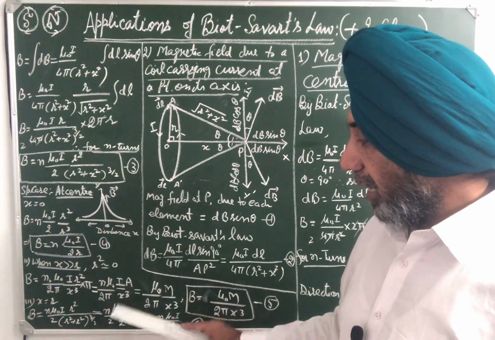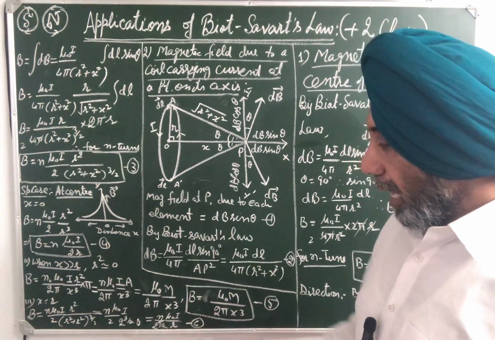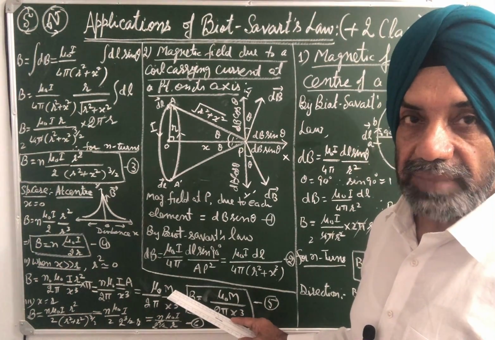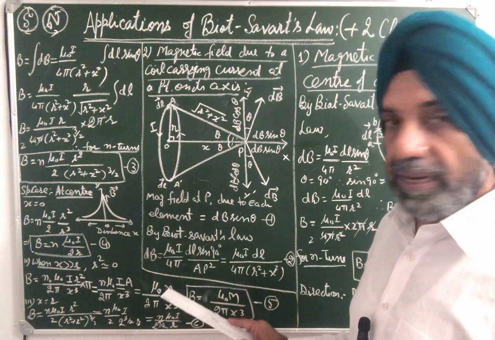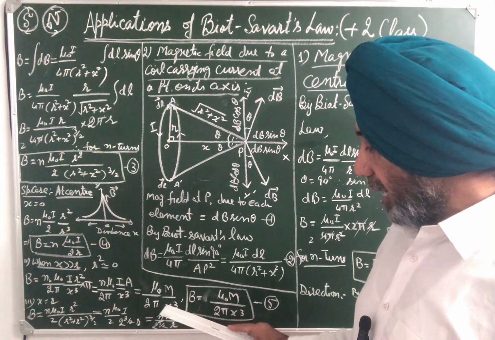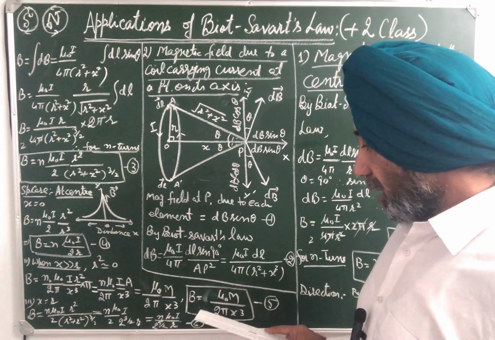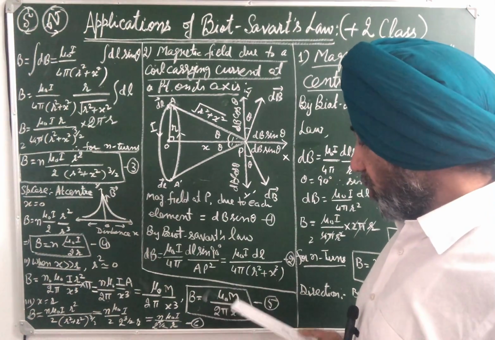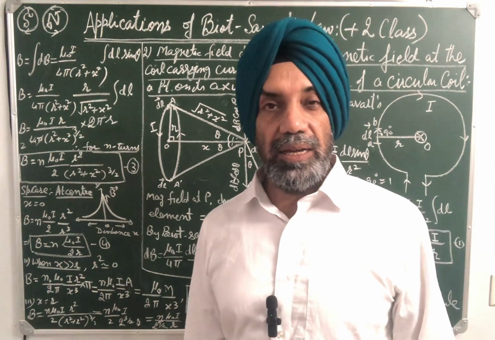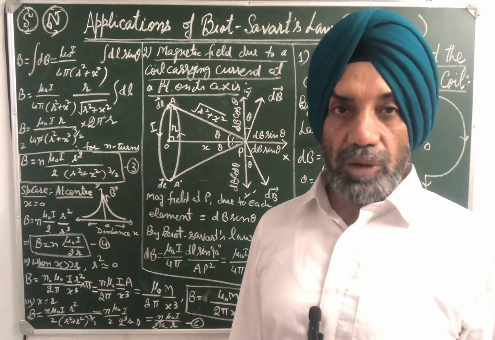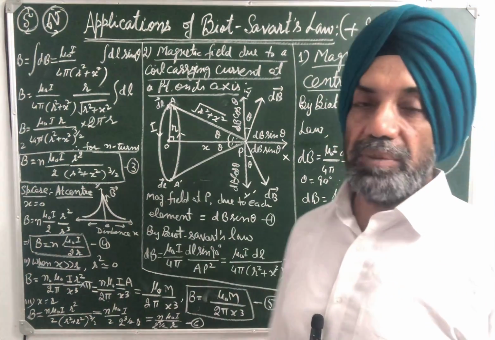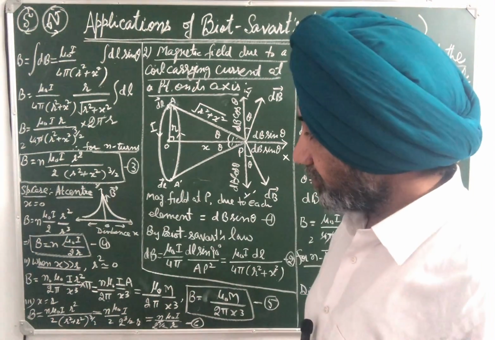So n mu naught I A upon 2 pi x cubed. N I A is called magnetic moment. M is equal to N I A, current into area of cross section. So B is equal to mu naught M upon 2 pi x cubed, which is the required expression for magnetic field when the radius of the coil is very small and the point is far away from the center of the coil.